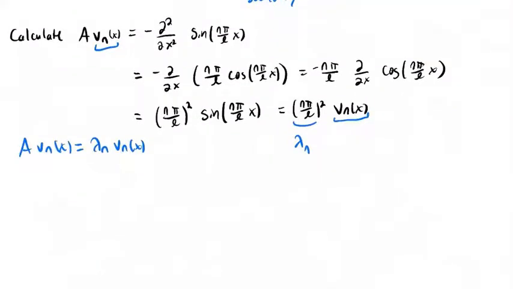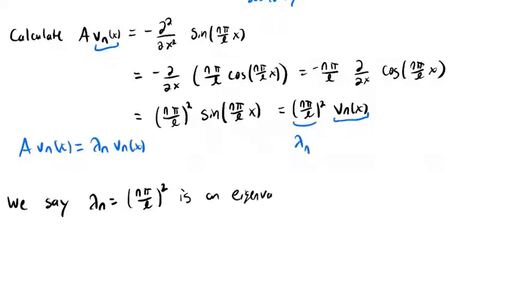And so what do we have? Something that looks exactly like the eigenvalue equation, right? And for this reason, we say that lambda n, which is equal to n pi over L squared, is an eigenvalue for the operator minus d squared dx squared, which was A, on the domain that was specified before, right?